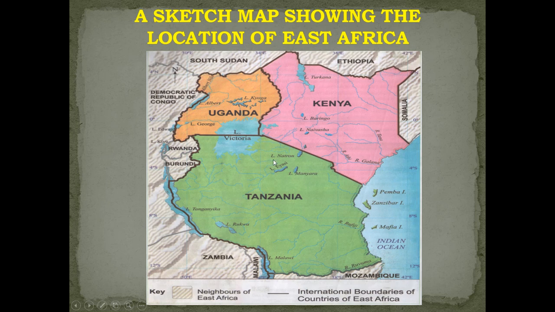The objective questions are set from the two geographies of East Africa, the physical geography and the human geography. And you're supposed to choose the most correct answer from the alternatives which are given, and it is that answer that you give for each objective question.